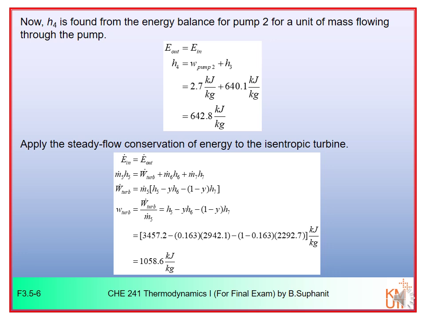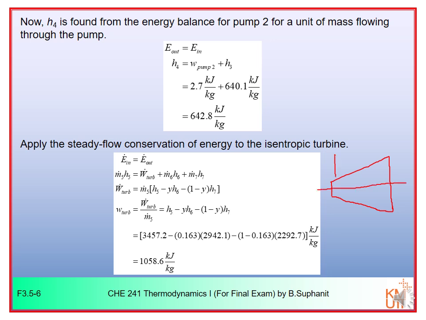Now, to calculate the thermal efficiency, we need to determine the net work output, and also the heat input required. Now let's calculate the work that we would obtain from the turbine first. You can see that this turbine is special. It's not like the turbine that we have considered before, because it's an extraction turbine.